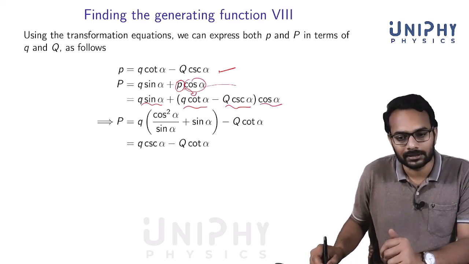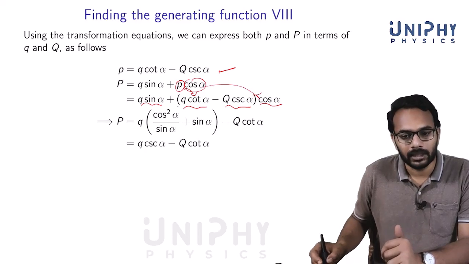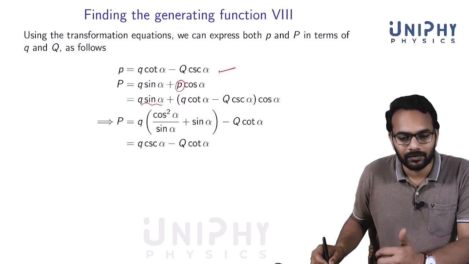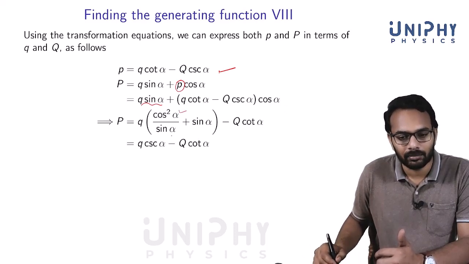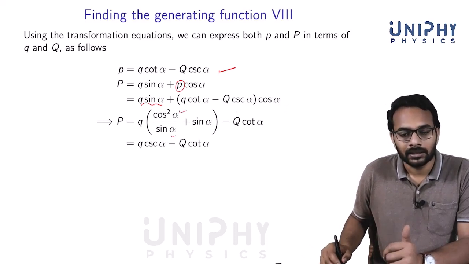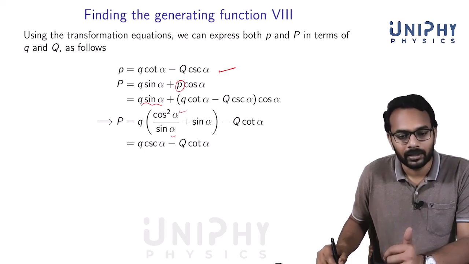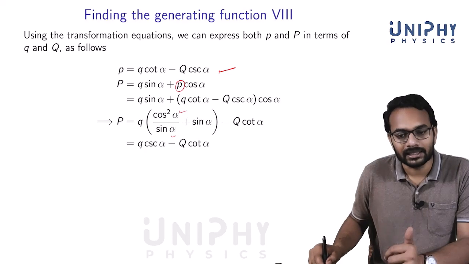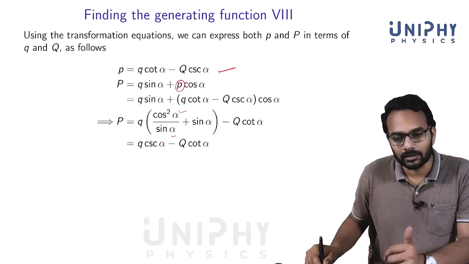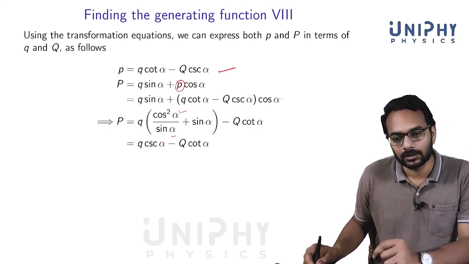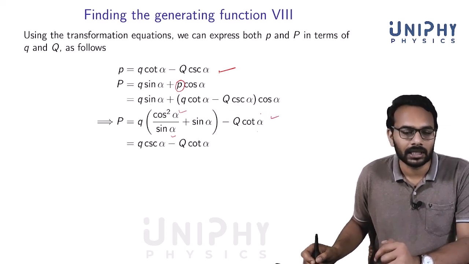That is just this cos alpha. Now we can just simplify this. You can multiply this cos alpha inside, then this becomes cos square alpha by sine alpha. So you can pull this q outside, and then it's cos square alpha by sine alpha plus a sine alpha from here, and then minus capital Q cot alpha, because this cosecant alpha is 1 by sine alpha, so that is cos alpha by sine alpha, which again becomes a cot alpha.